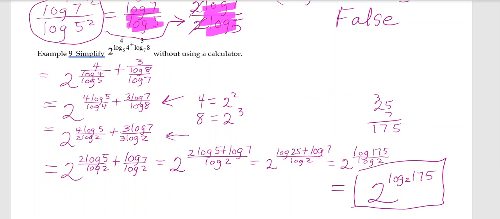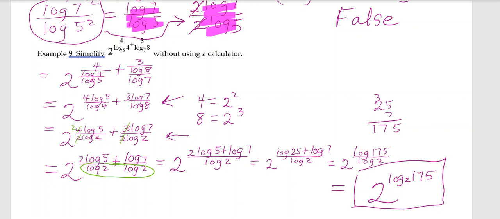So I have 2 times the log of 2 and 3 times the log of 2 for my new denominators now. And then I can cancel the 4 and the 2 here, leaving me a 2 up here, the 3 and the 3 here. And then once you get to that point, it goes kind of easy because now you got a common denominator. So you can combine those two fractions.